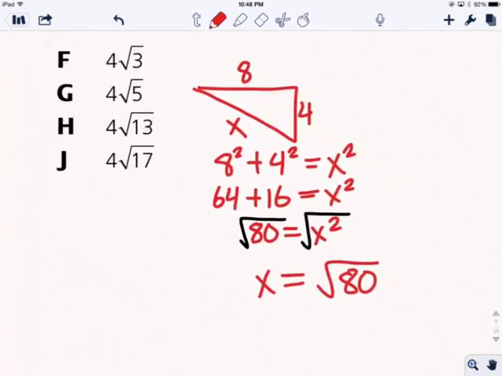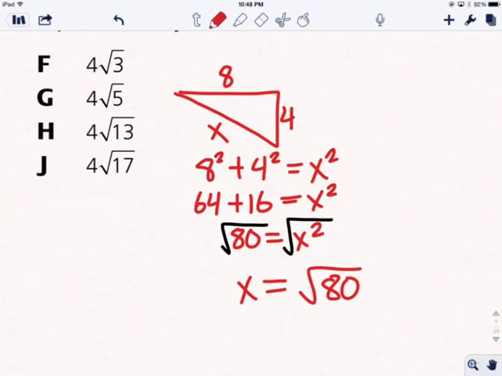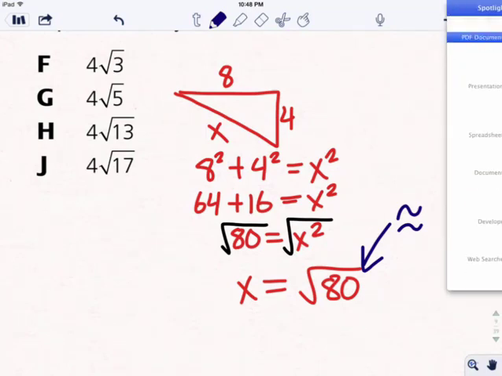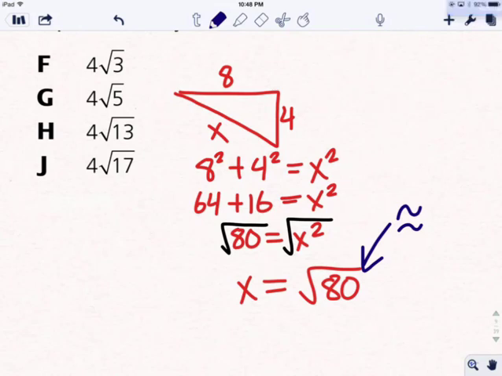Now what you could do is use a calculator. Calculate this as a decimal. Let me do it real quick. Square root of 80, 8.94. So this is about 8.94. And then you could approximate all of these as decimals and see which one is closest.